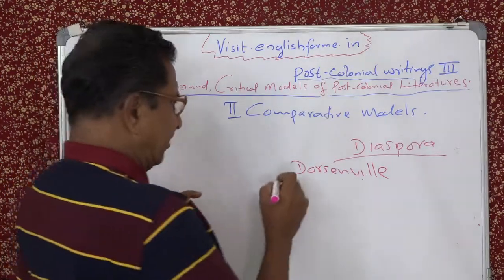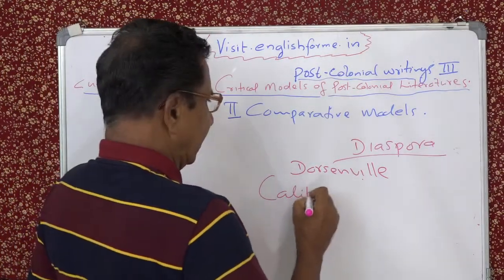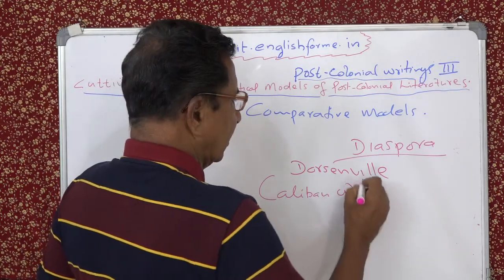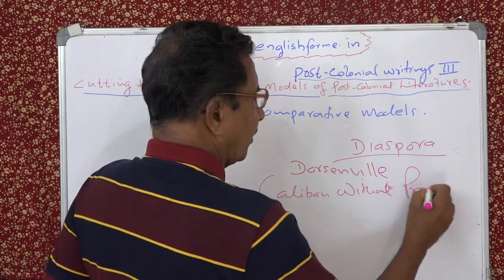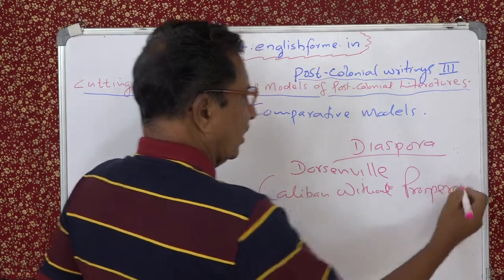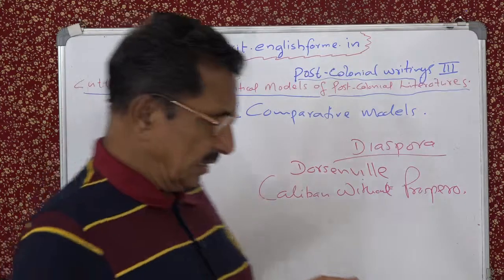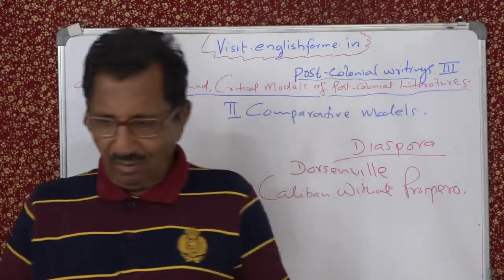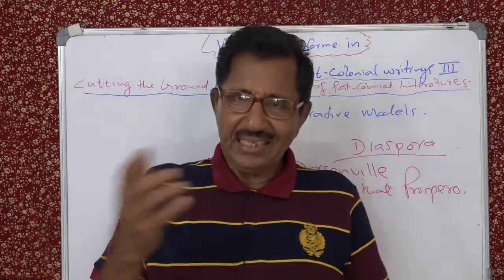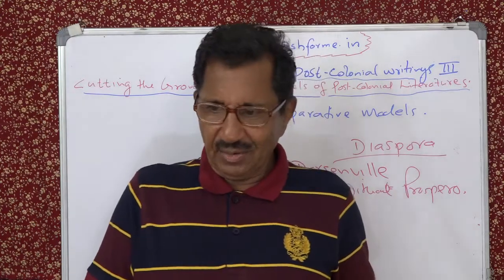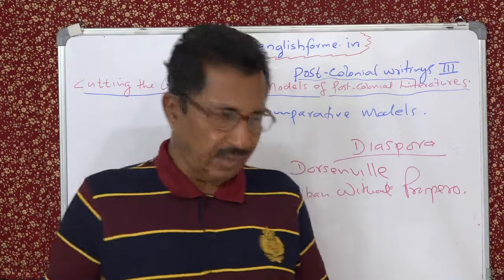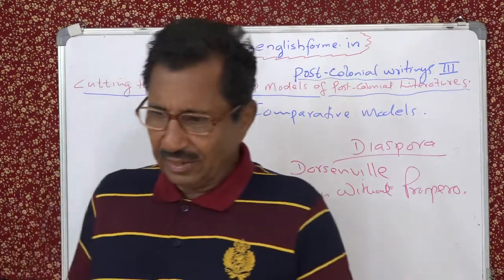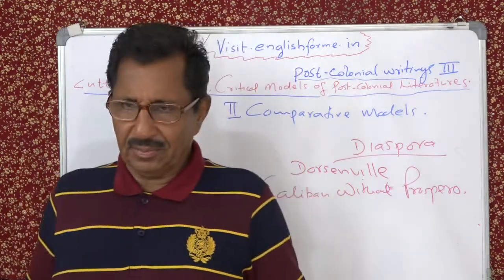Caliban Without Prospero. That is the book. So here what happens, he considers the comparative study of white and black. For example, he studies the literature of Cuba, and also you find the black diaspora.